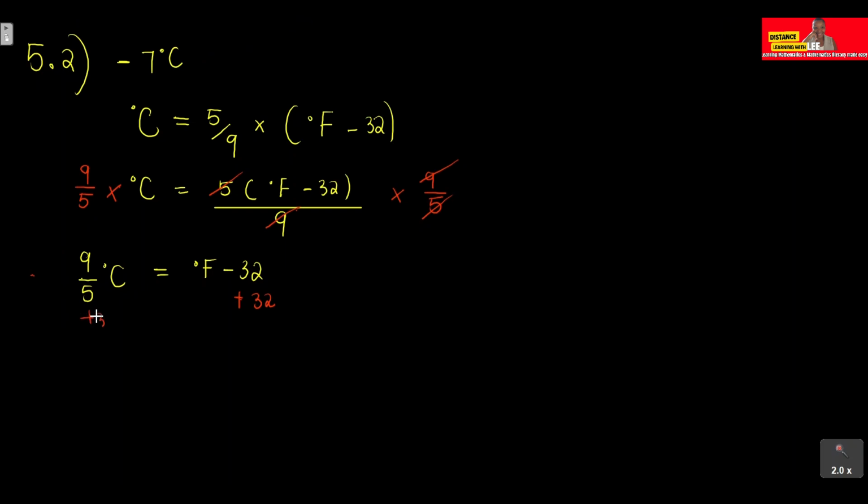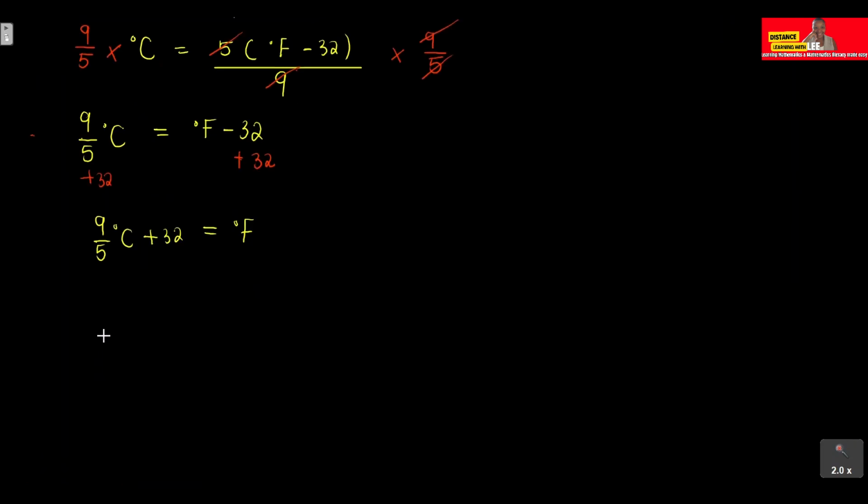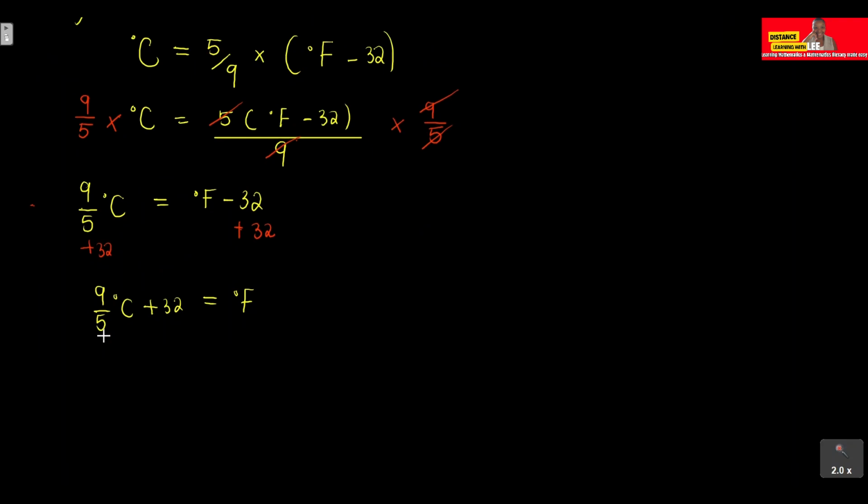Therefore, it's going to be 9/5 degrees Celsius plus 32 is equal to degrees Fahrenheit. Now our equation is nice and easy. We will be able to substitute the value of the temperature in degrees Celsius into our formula to get the value in degrees Fahrenheit.